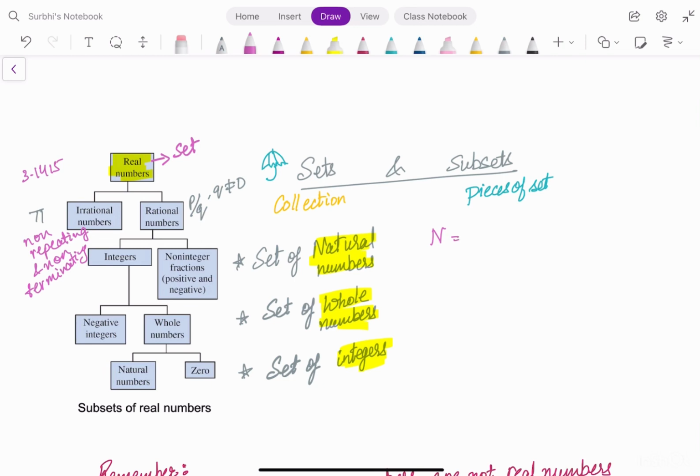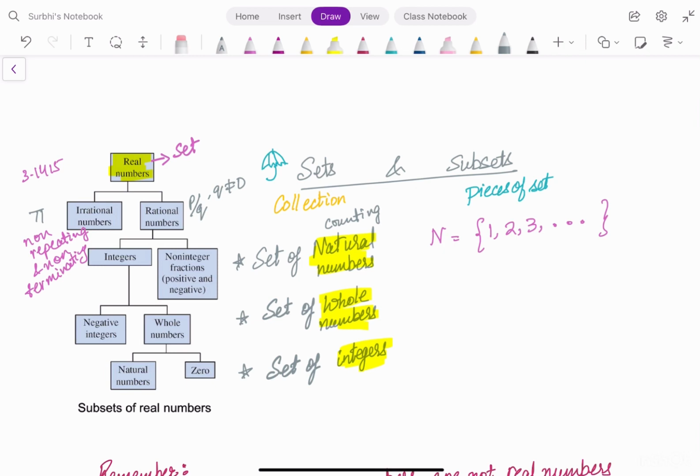We can denote the set by N, and because they are counting numbers, we start from 1, 2, 3, and then the pattern continues, and we use 3 dots, which are called ellipsis points.